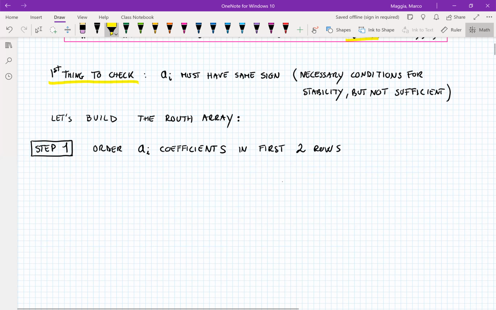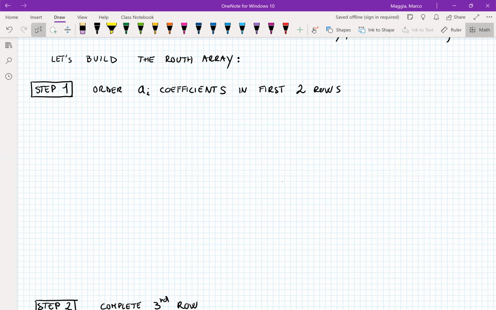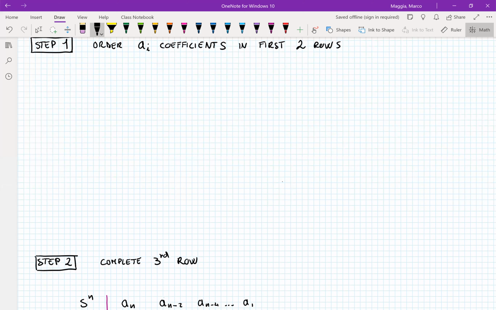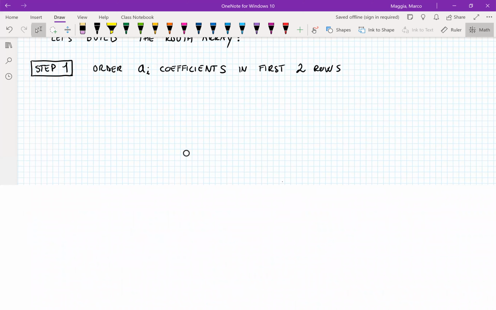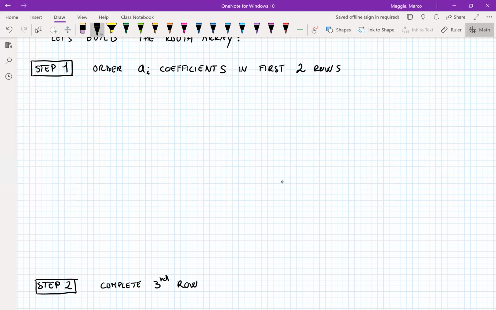So the first thing that we want to do is construct a table, and this is done in the following manner. We start by writing down the powers of S vertically.